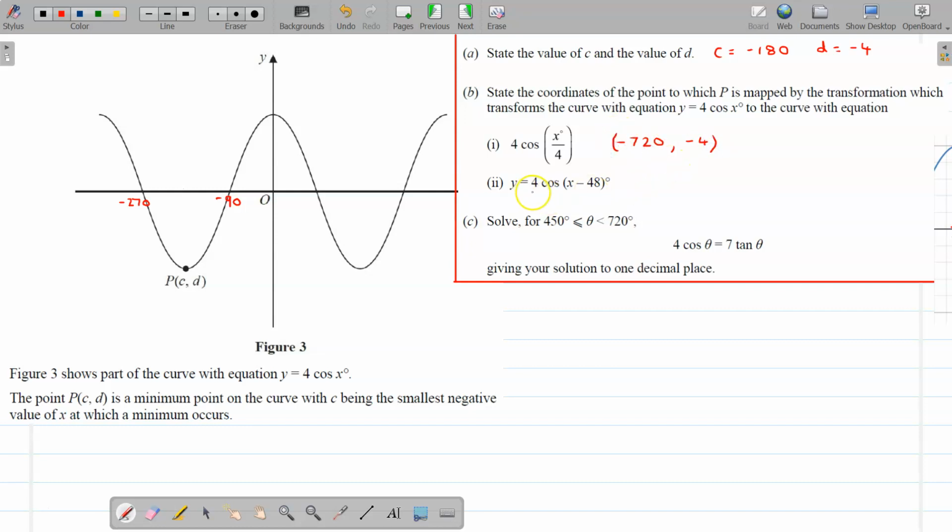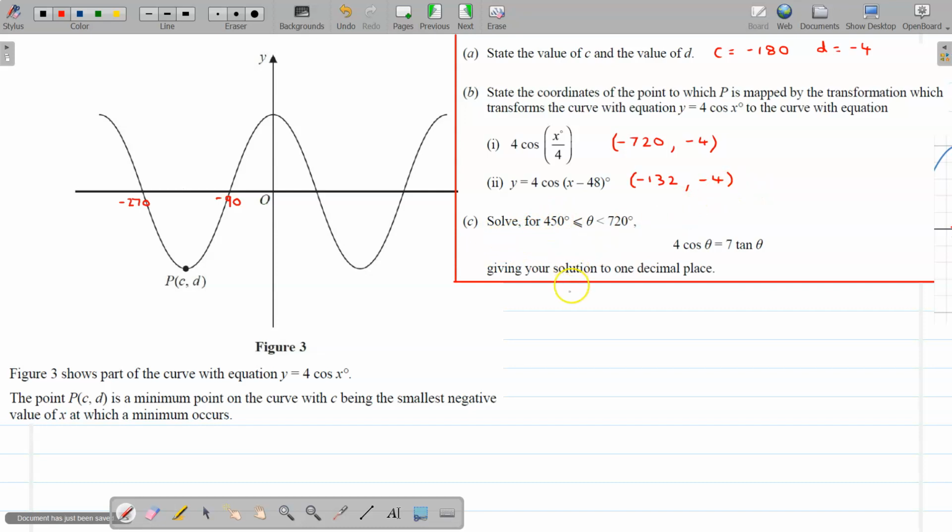This function here causes the graph to translate 48 units to the right. So it was at -180, it's now at -132, negative 4. Very basic transformation of graph questions from GCSE really.